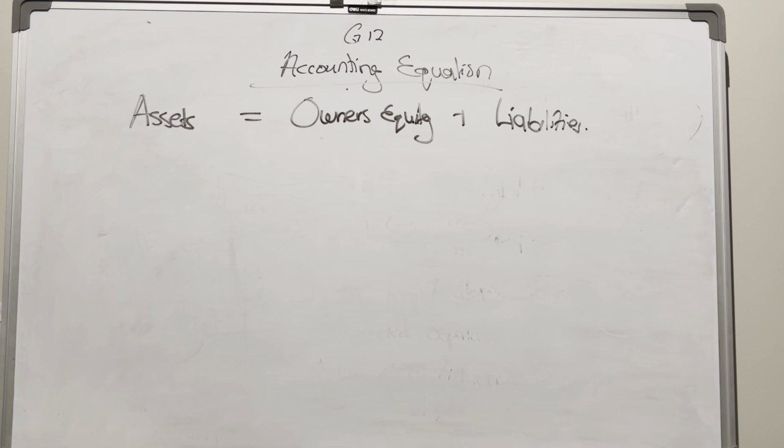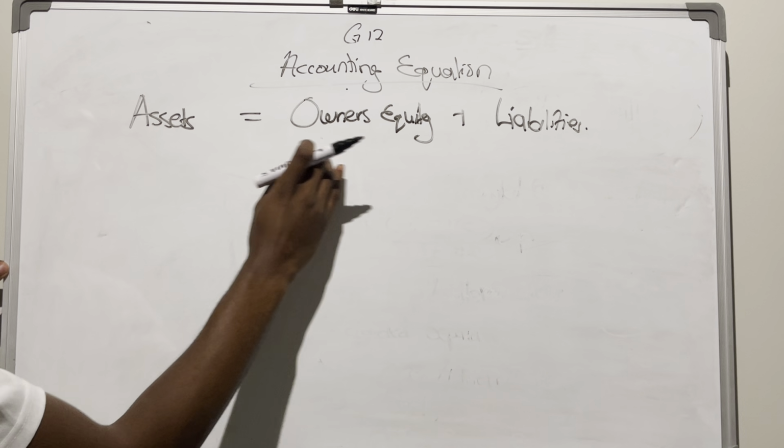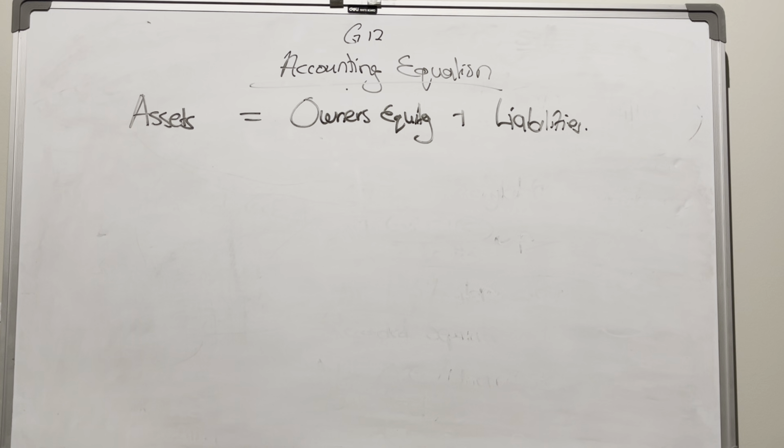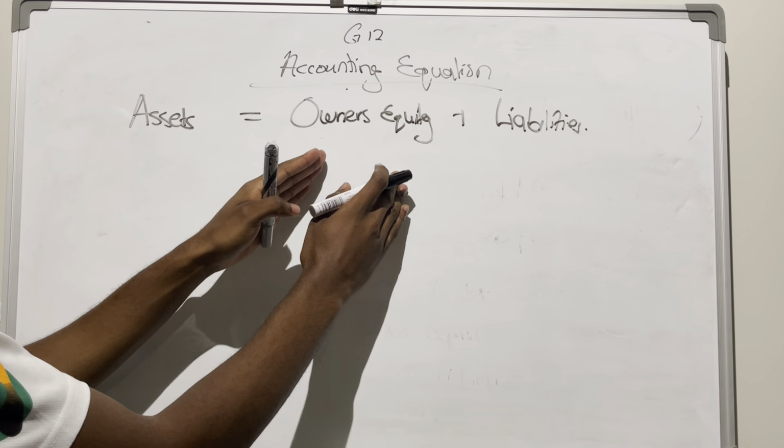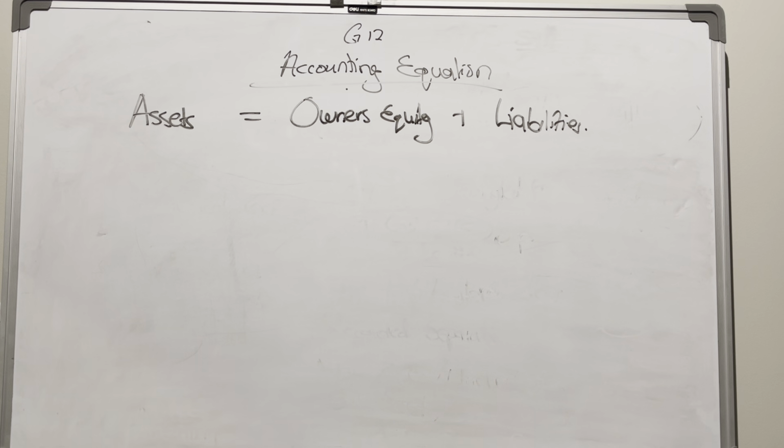Now I want to detail the most important accounts that you are going to face throughout the whole of this year. We're going to differentiate all our items today between assets, owners' equities, and liabilities.